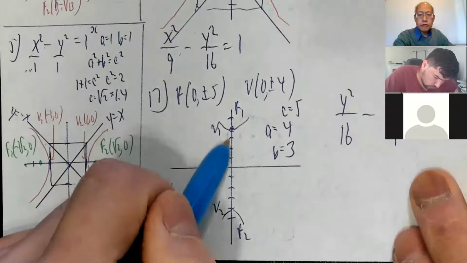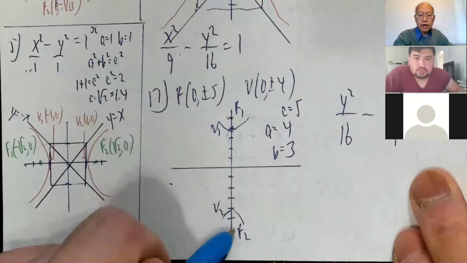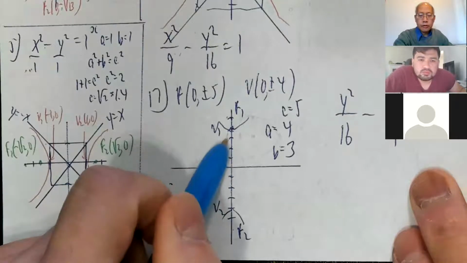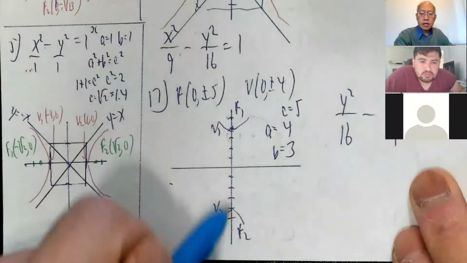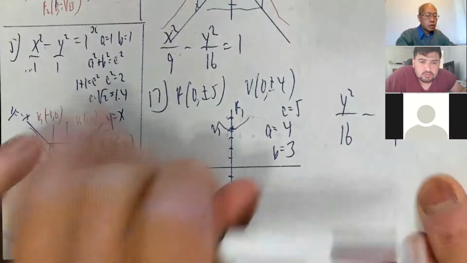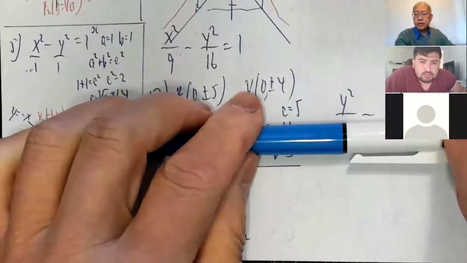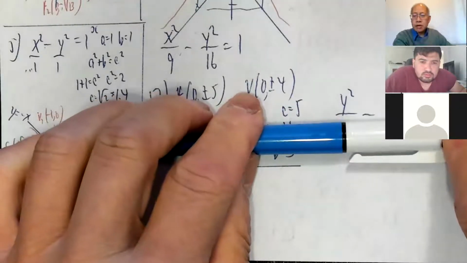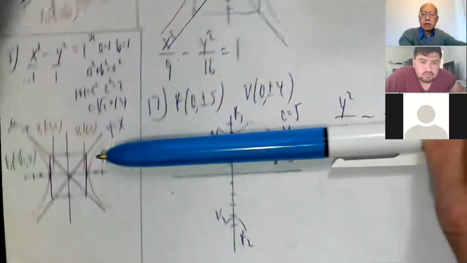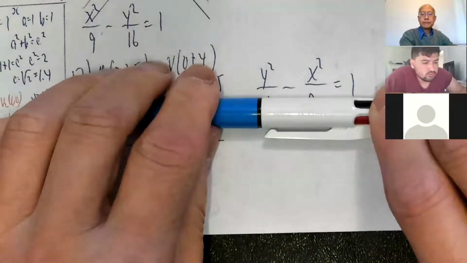Okay, 1, 2, 3, 4, 5. 1, 2, 3, 4. So that tells me it's the vertical type, which automatically means y comes first. y squared over something minus x squared over something equals 1.